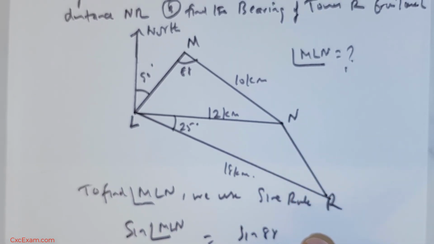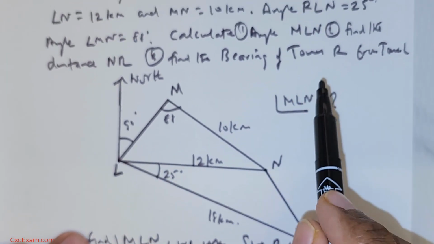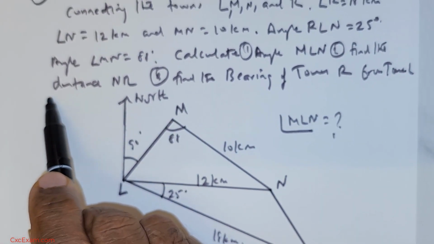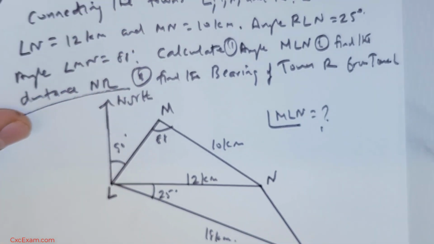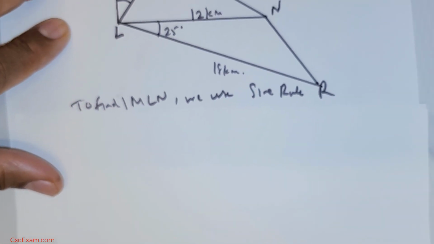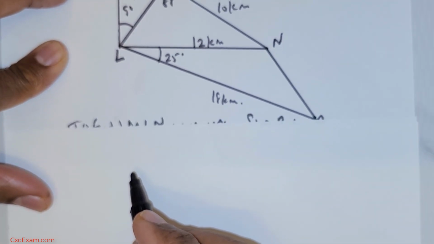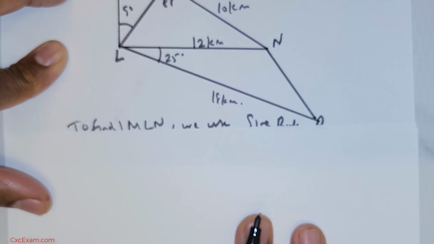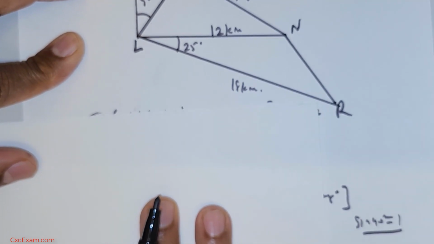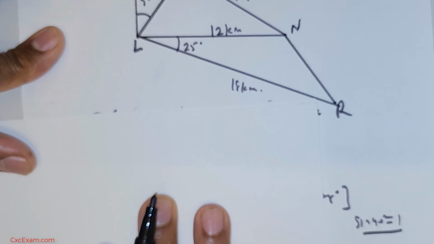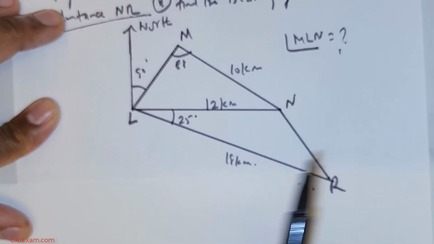Okay, so moving on, we are expected to find this distance, NR. NR is needed. Find the distance NR. Okay, so what I wish to do is apply the cosine rule. So this is the diagram given.